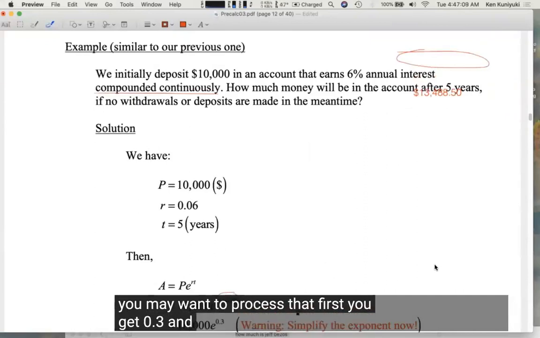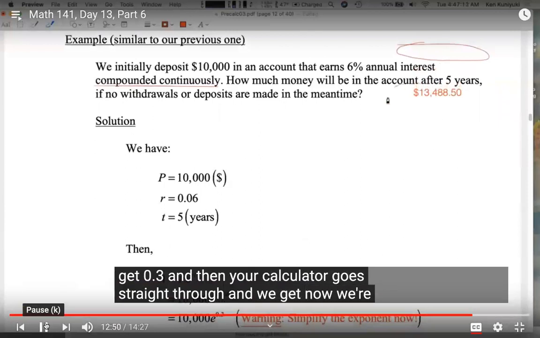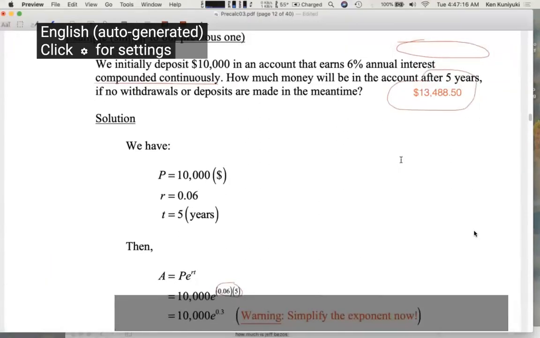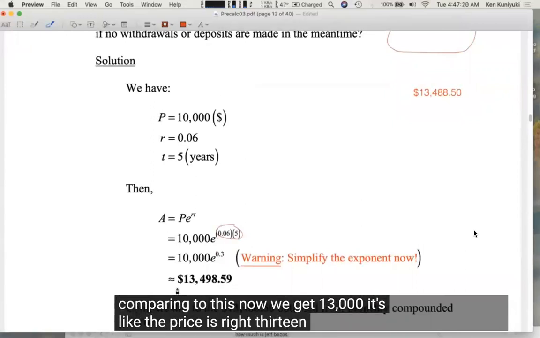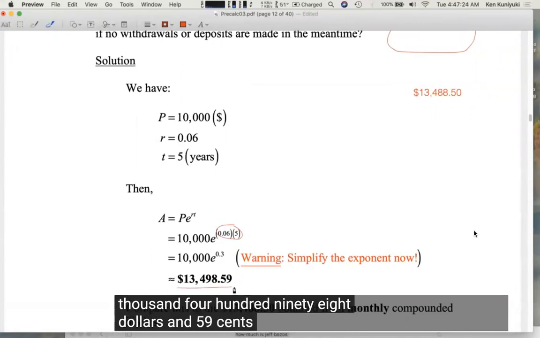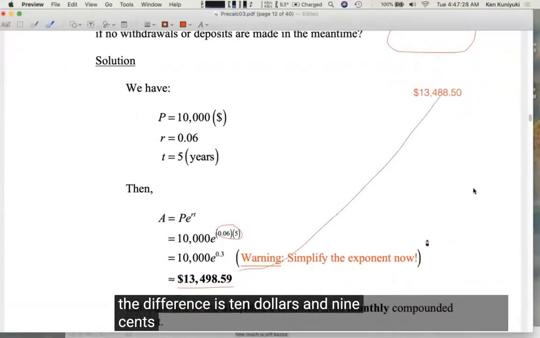You get 0.3, and then your calculator goes straight through. 10,000 times e to the 0.06 times 5, process that, you get 0.3. Turning to this now, we get $13,498.59.